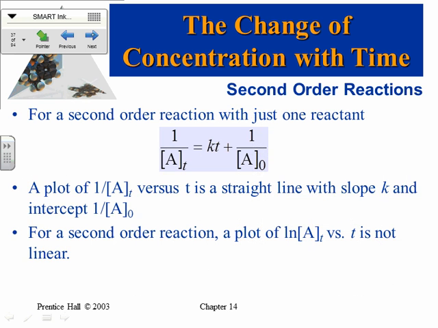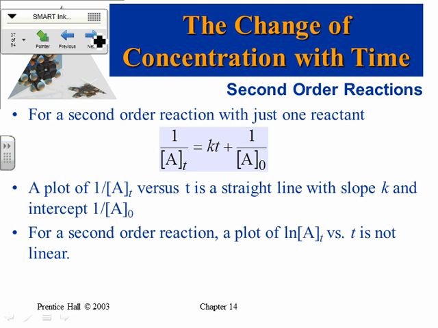What about second order? Second order, the equation looks like this. 1 over A_t equals kt plus 1 over A_0. Okay? And that's going to give you a straight line for a second order reaction. And again, don't worry too much about the derivation of that. That equation is on your equation sheet as well, just in a little bit different form.